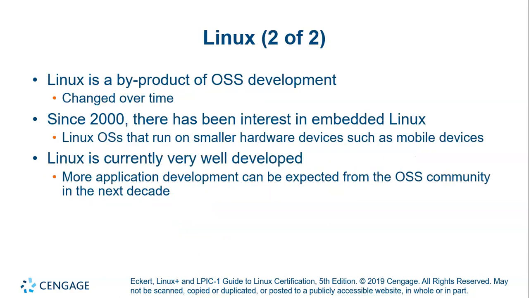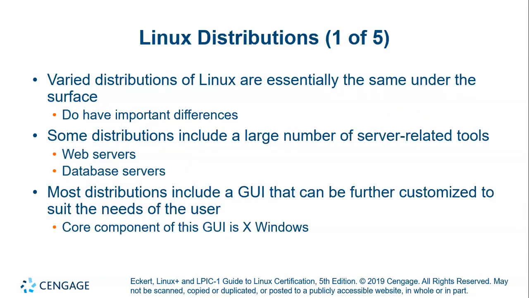All right, so going forward from here, yeah, the distributions are essentially the same underneath. That's true. I mean, they all have a particular Linux kernel, and that part doesn't change. It's just the dressing up on top of it that's different, and the applications that you choose to ship with that distribution, and the package manager, for instance, how you install new programs might vary from one to the other.